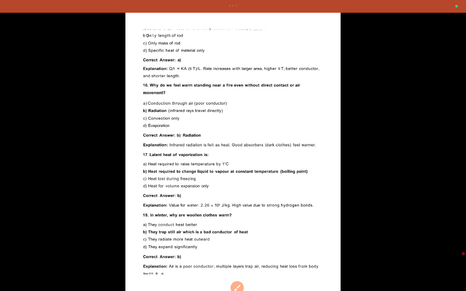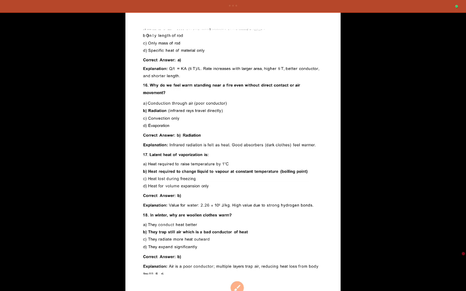Q by t is the conduction rate. The rate increases with larger area, higher temperature difference, better conductor and shorter length. So the rate is inversely proportional to length, so we can say T by L, that is the length concept.